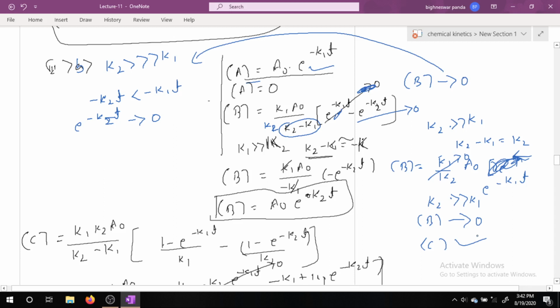We don't need to calculate it. So this is the concentration of A, this is the concentration of B tending to 0, and C we can easily calculate for this criteria.